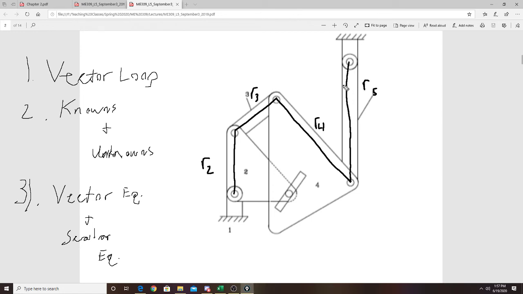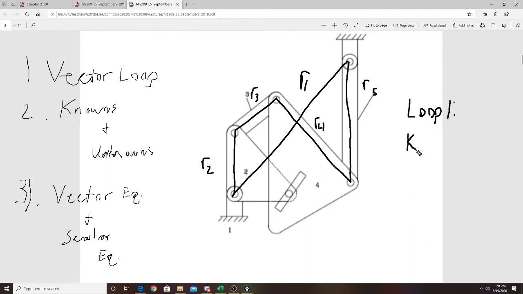Let's call it R5. And then, once again, remember, R1 is usually held to connect the grounds. So let's call that R1. If you did this loop, let's go through it really quickly. So this first loop, we're going to call Loop 1. Loop 1, what are the knowns and unknowns of this?